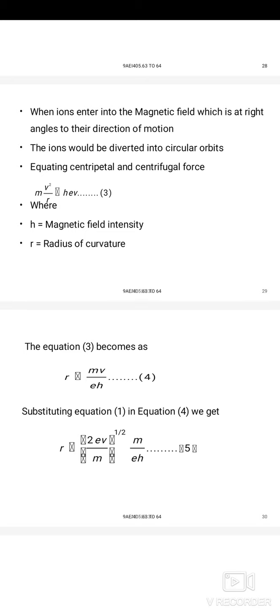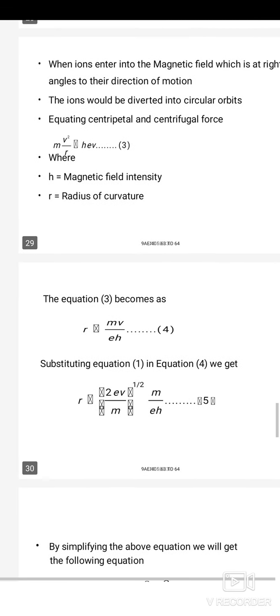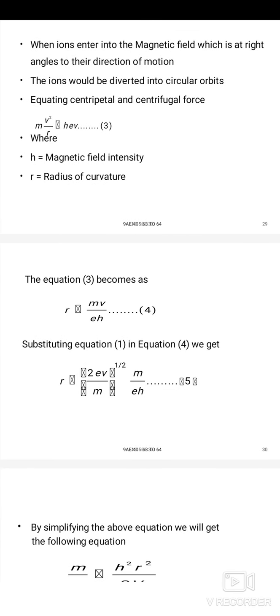The centripetal force is Hev, and the centrifugal force is mv square by r. Equating these two forces, centripetal and centrifugal forces, where H is the magnetic field intensity and r is the radius of curvature.